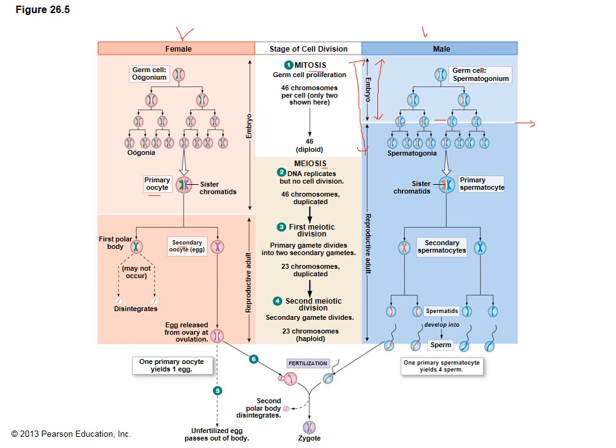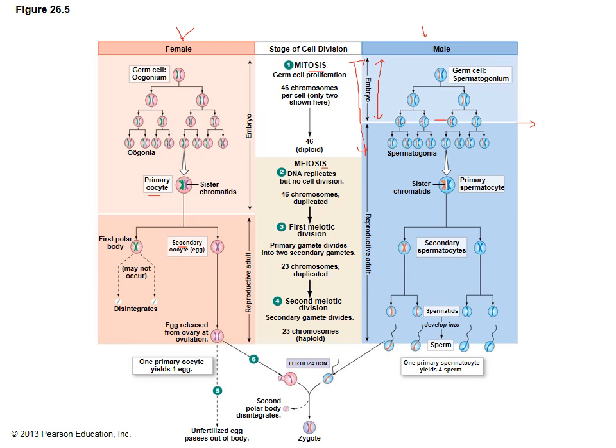And then after birth, there's a phase during which these germ cells, or the spermatogonia, become relatively inactive, or quiescent. And then only at puberty does mitosis resume.